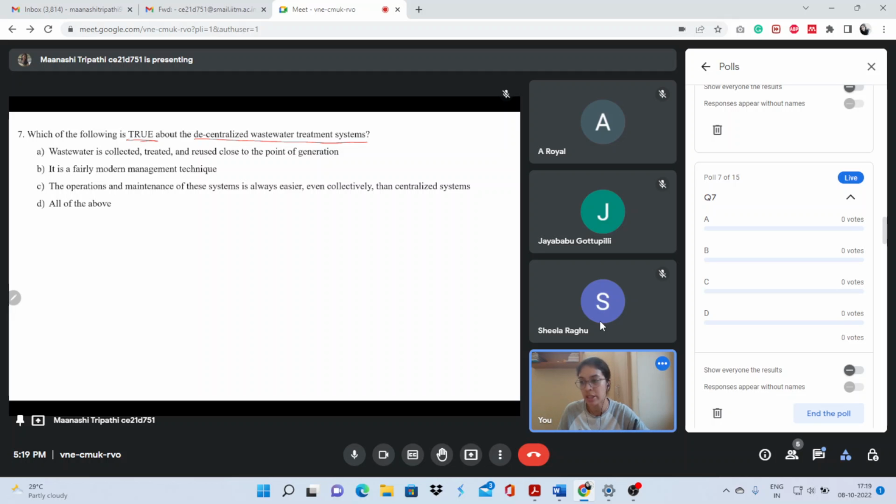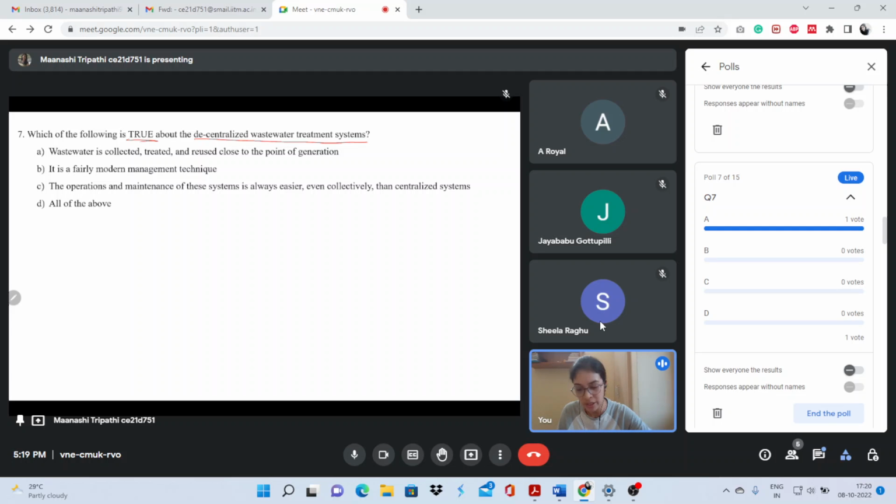In centralized, there will be one common facility for every abstraction unit, and in decentralized there will be separate wastewater treatment facility for all the colonies or for all the villages, depending upon the scale of investment we want.